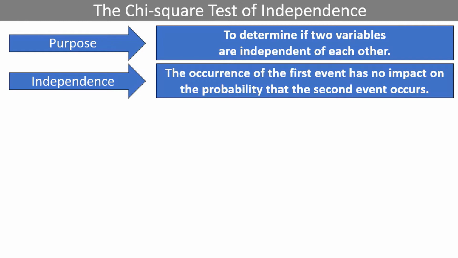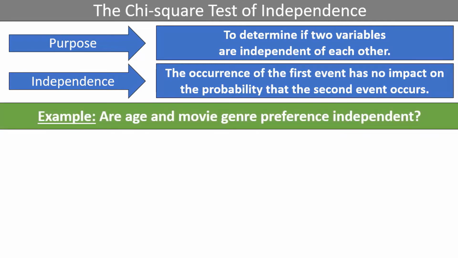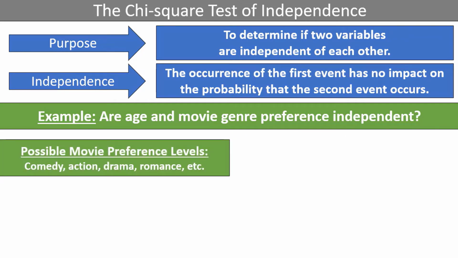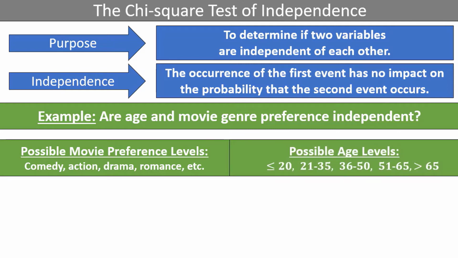This is the same type of independence that you might be familiar with from your experience with probability. But now, instead of discussing just two events, we are interested in two variables that can each take on multiple levels. For example, we might be interested to know if age and movie genre preferences are independent. The levels of movie preference might be comedy, action, drama, romance, etc., and the levels of age might be segmented as 20 or younger, 21 to 35, 36 to 50, 51 to 65, and over 65.